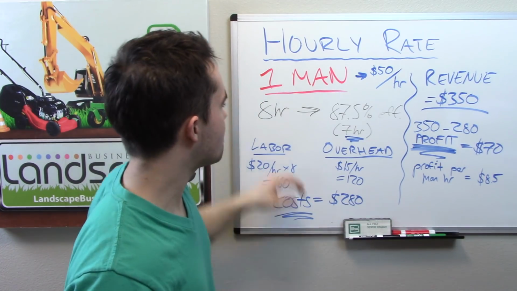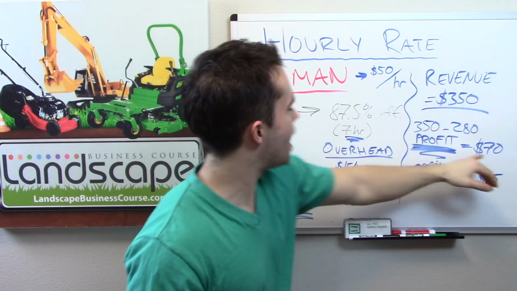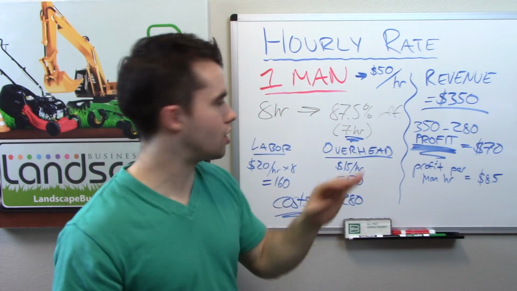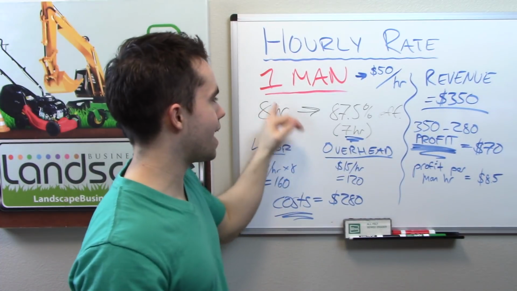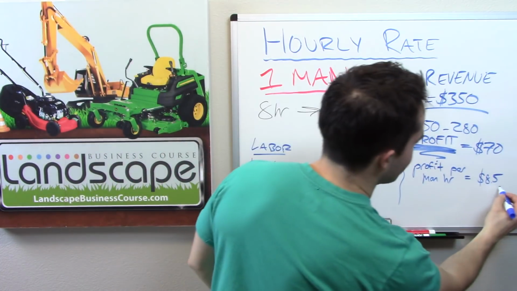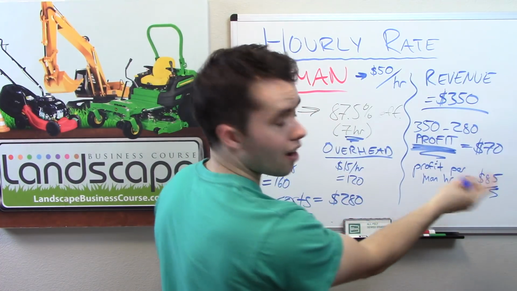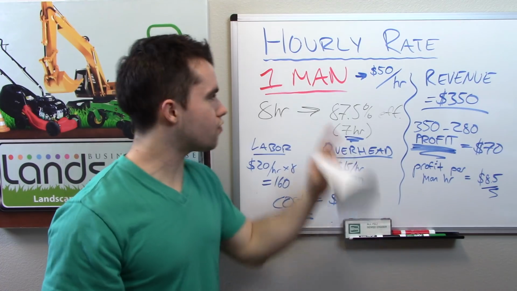So what that means is that we take the profit, the $70, and we divide that by the total man hours worked. Not actually on the job, but just what we paid him for. That's eight hours of work. So he generated $8.50 of profit per man hour. All right? So this is for a one-man crew.